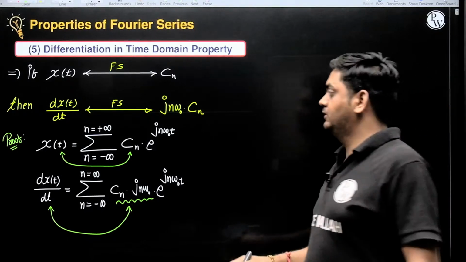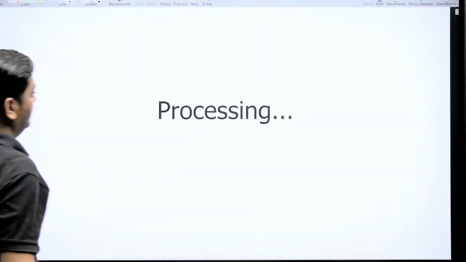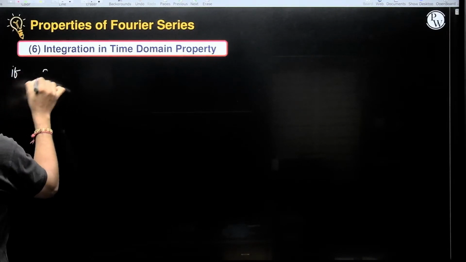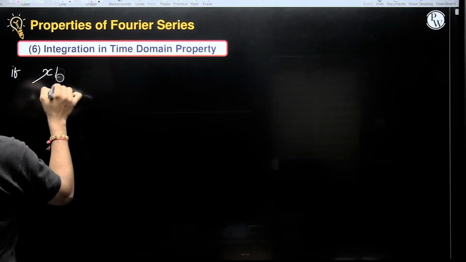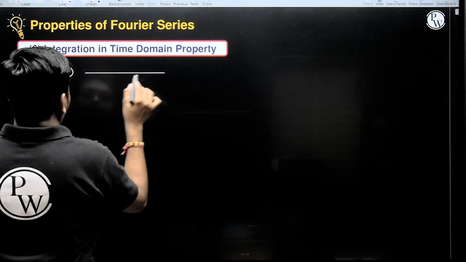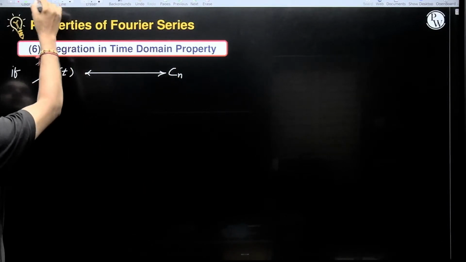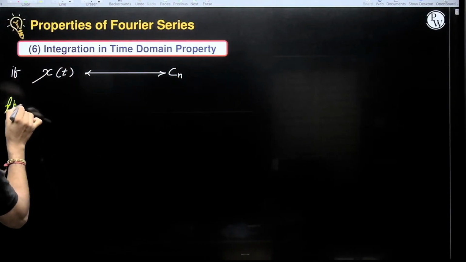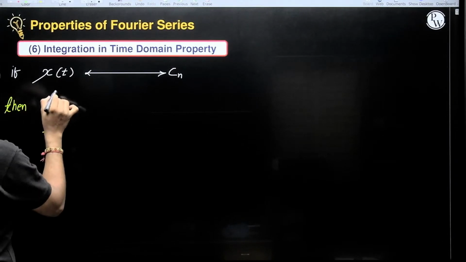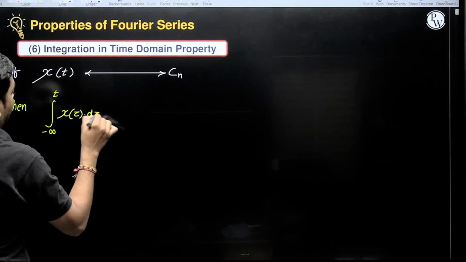Clear? Okay, very good. In a similar way, to integrate, that is integration in time domain. Can you tell me what will be the answer for this question? The Fourier series of periodic signal x of t is Cn, then what will be the Fourier series coefficient of the integral from minus infinity of x of tau d tau?